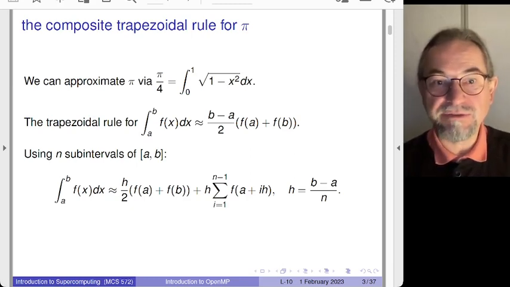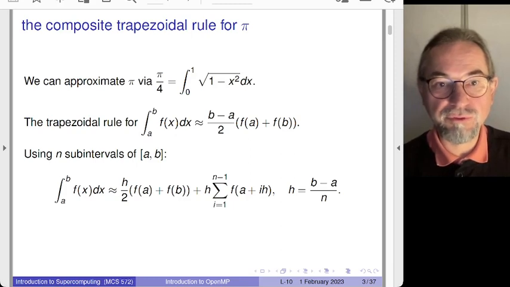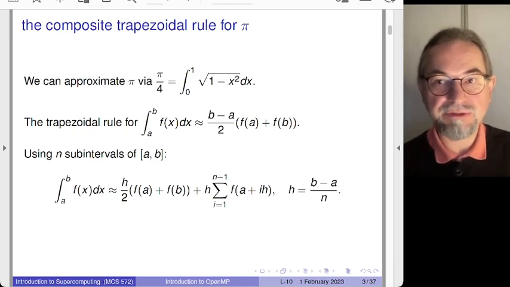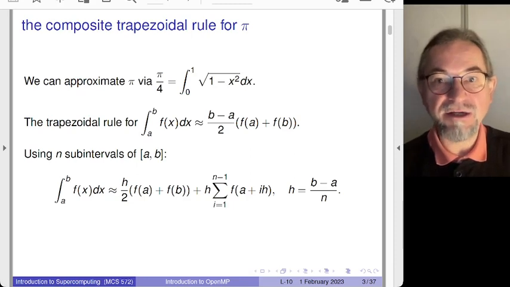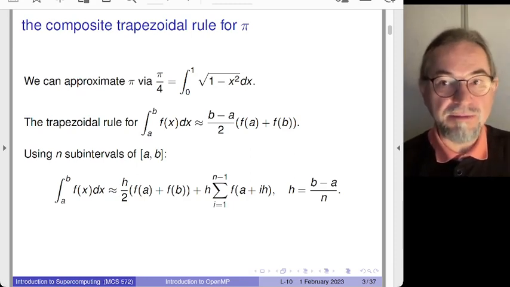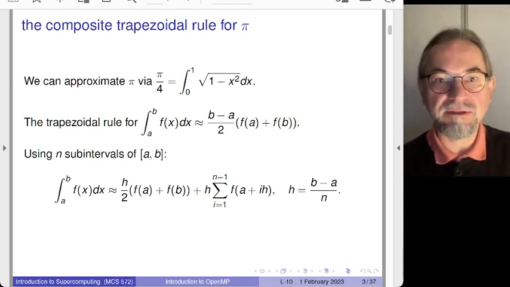So what is the trapezoidal rule? With 2 points, if you can only take 2 function evaluations, then the integral will be approximated by the area of the trapezoid with base b minus a. So b minus a is the length of the interval, and the heights are the function values at the endpoints.